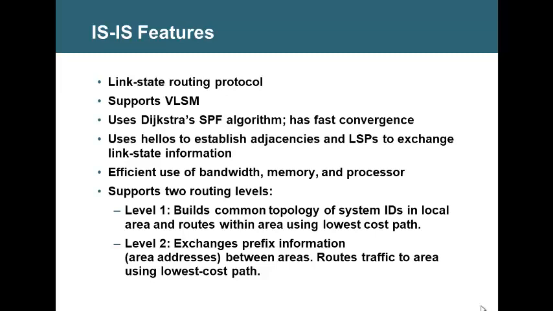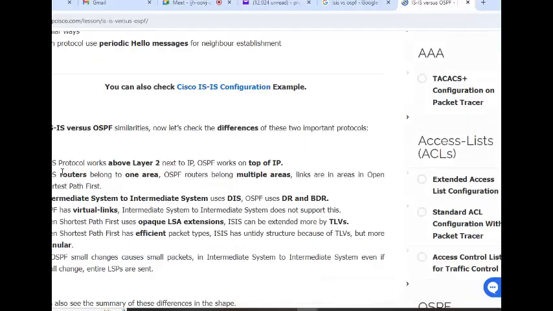So this is layer 2, but because it's a routing protocol, they use the words above layer 2, which means it is below layer 3. That's why, to keep it simple, I call it a layer 2 protocol, whereas OSPF is a layer 3 protocol.